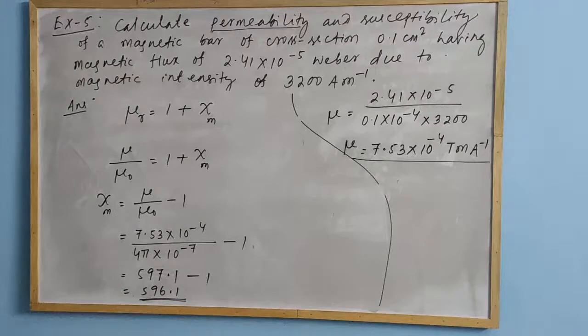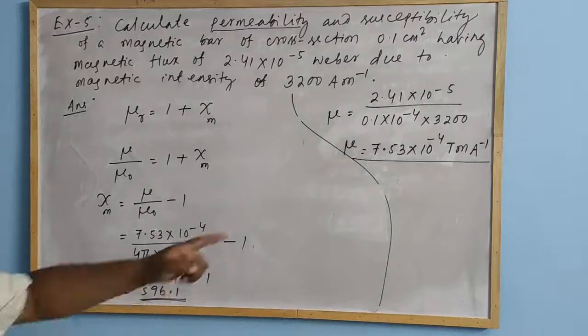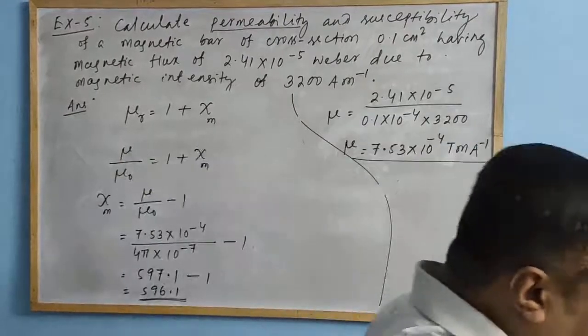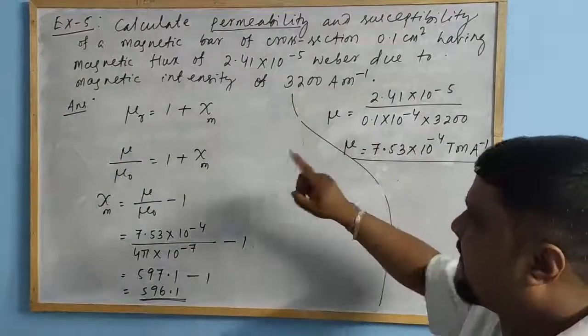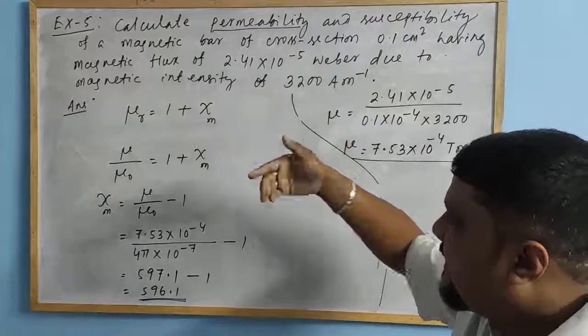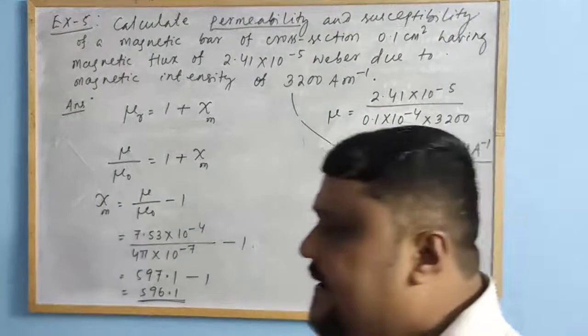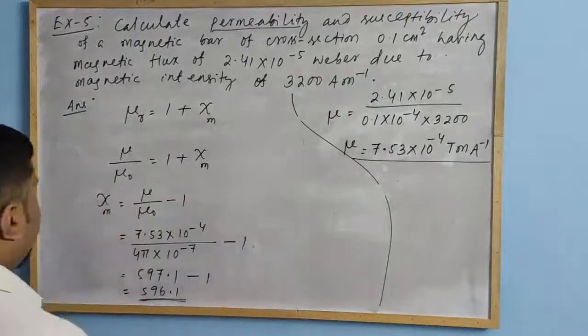That is the susceptibility. This is the permeability and this is the susceptibility. Here we have used two concepts. One is the flux concept by using the area of cross section, and the other is, like your example number 4, the relative permeability and the susceptibility. Clear?